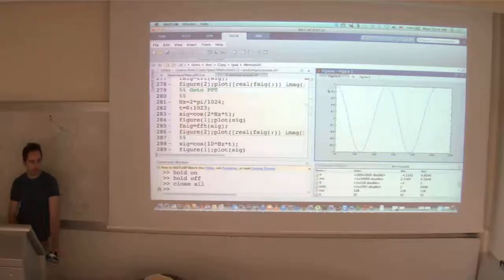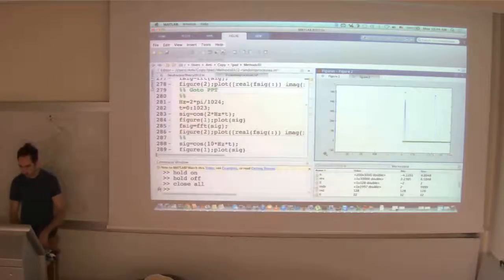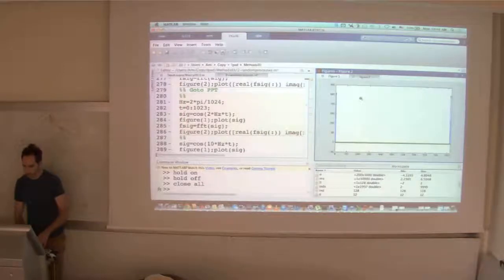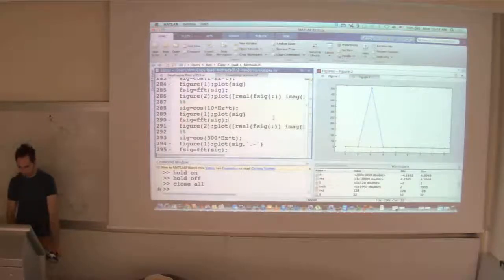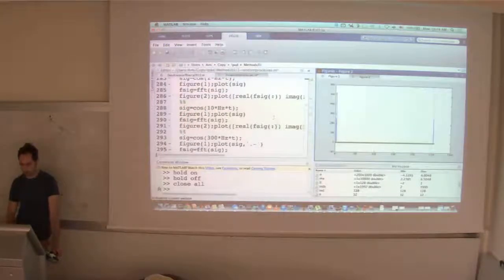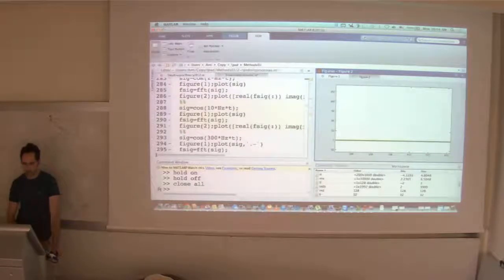Our examples here are extremely nice and simple, and that's the reason that the Fourier transform also seems extremely nice and simple. We have it at entry 3, all the amplitude inside of it, and all the phases are 0. This is for sinus 10.